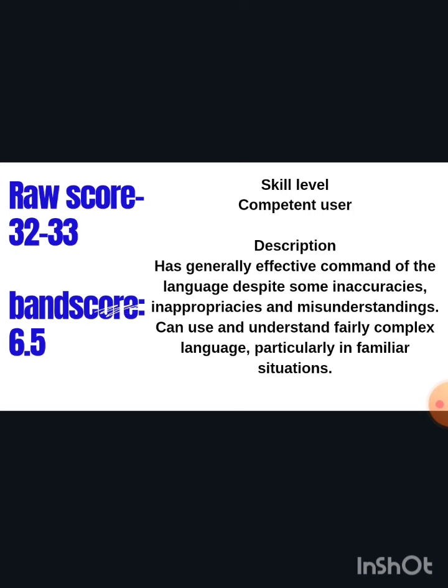But you are a competent user, just that you understand fairly complex language, especially in familiar situations. If you get a raw score of 30 to 31, you have a band score of 6.0 and you have a fair understanding of the language and you are familiar with it in familiar situations.